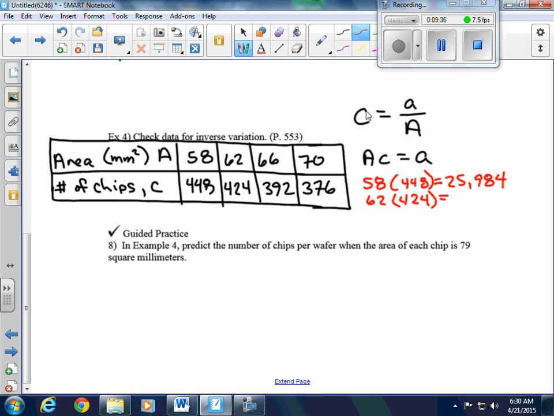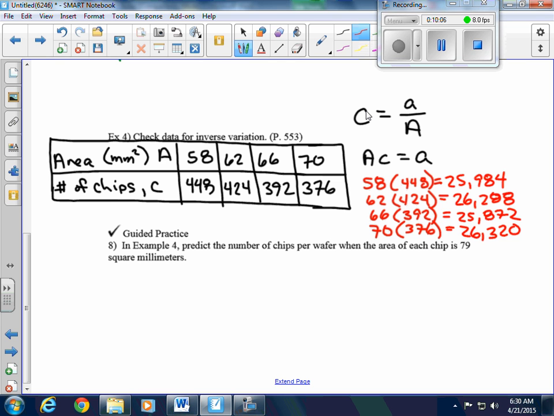And we're going to get 26,288. We're going to take the 66 times the 392. We get 25,872. And we're going to take 70 times 376. We're going to get 26,320.